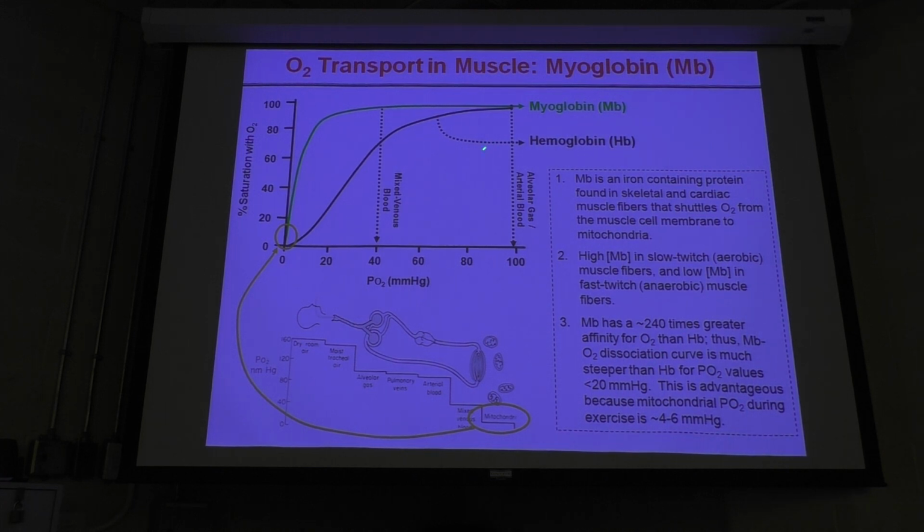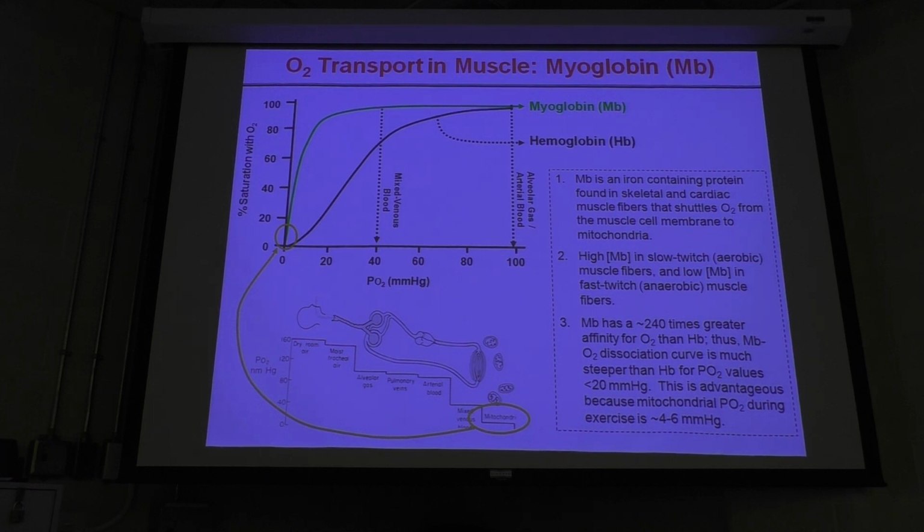So the myoglobin oxygen dissociation curve is much steeper than hemoglobin for PO2 values less than 20 millimeters of mercury. But this is actually advantageous because at the level of the mitochondria and the cell itself, we know that PO2 levels are very low, right? They drop from about 40 millimeters of mercury when they're in equilibration with the mixed venous PO2, but during exercise we showed that they drop from 40 down to about 4 to 6 millimeters of mercury.